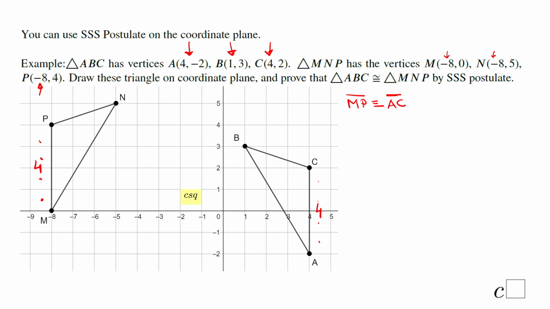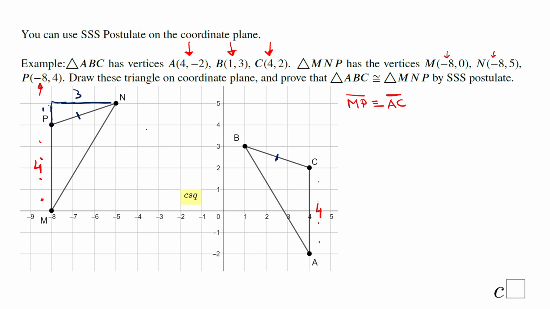Okay, but now let's take a look at another set. I'm going to take a look at PN and BC. You see, I marked them the same. They are congruent. But how do I prove that? Look at here. I have this triangle here, so I can use the Pythagorean theorem. This is 3. This is 1.